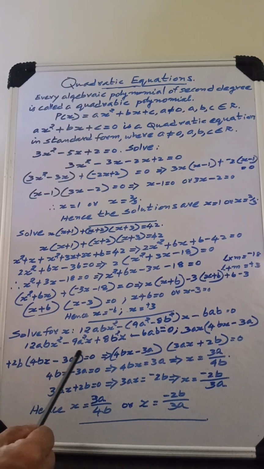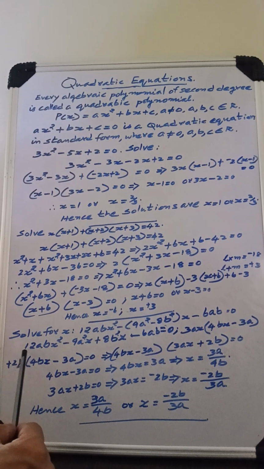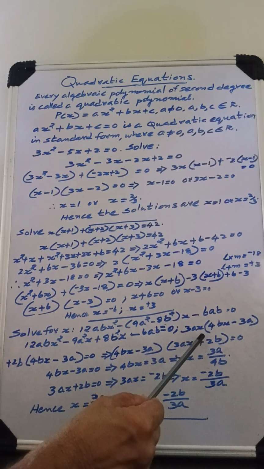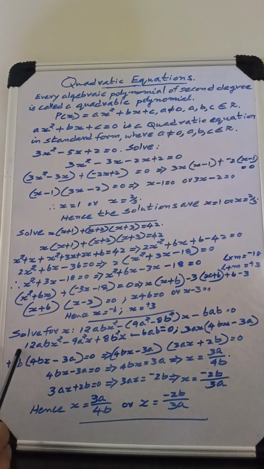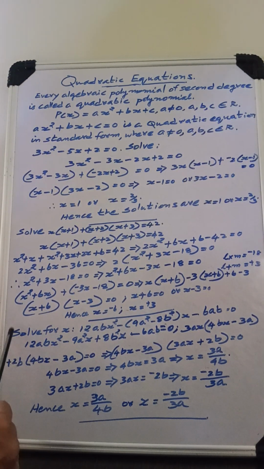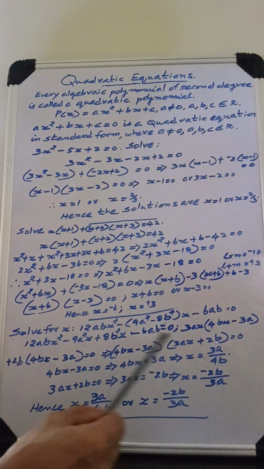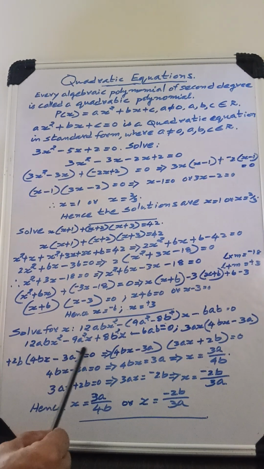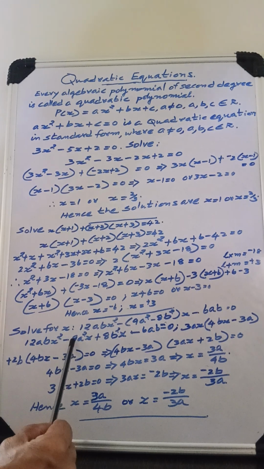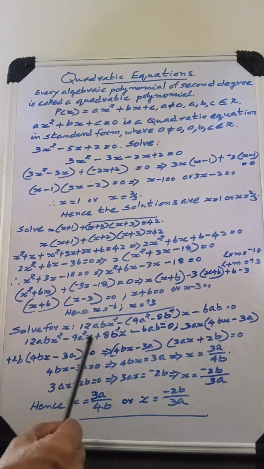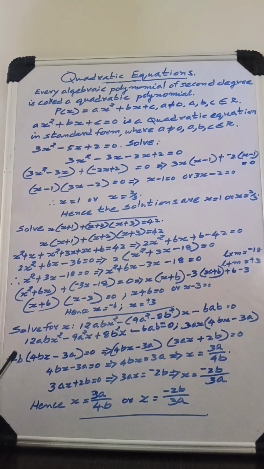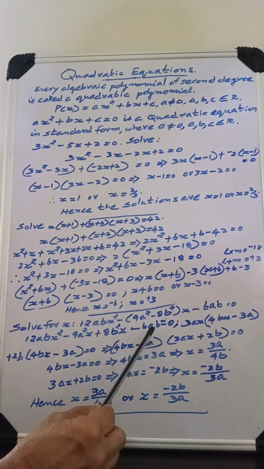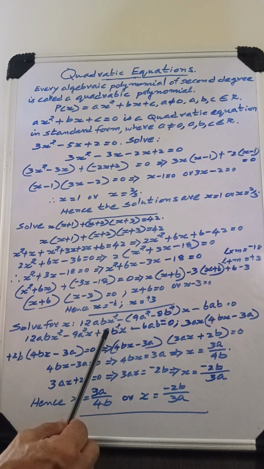I am taking 3ax from the first two terms as 3ax into; taking 3ax from the first term, there remains 4bx, and from the second term, minus 3a remains. Next, in the next two terms, I am taking 2b.